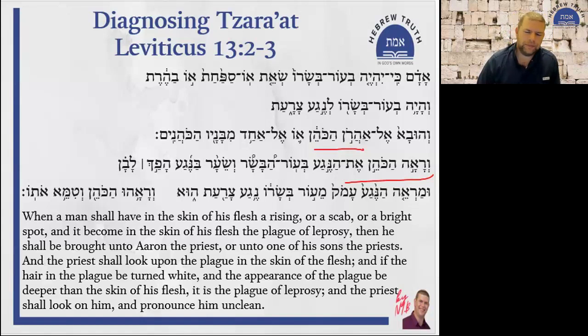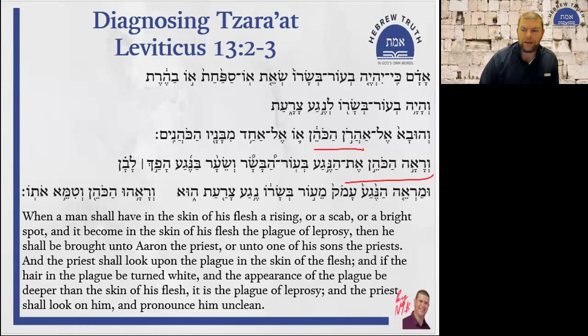Now, the process of tzara'at: seeing the tzara'at, diagnosing it as tzara'at, secluding the person, sending them outside the camp, the process of purifying and cleansing the metzorah. As I said, this borders between the spiritual and the physical, and the different cases teach us maybe something about the essence of tzara'at.